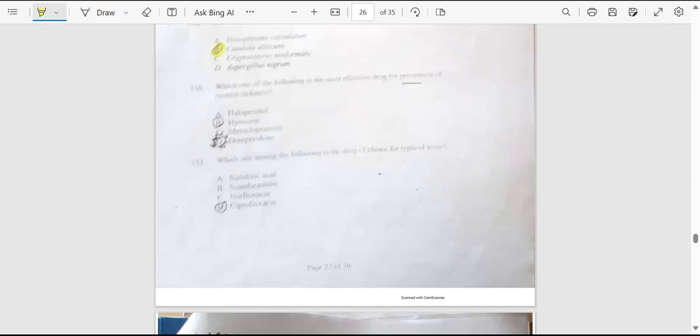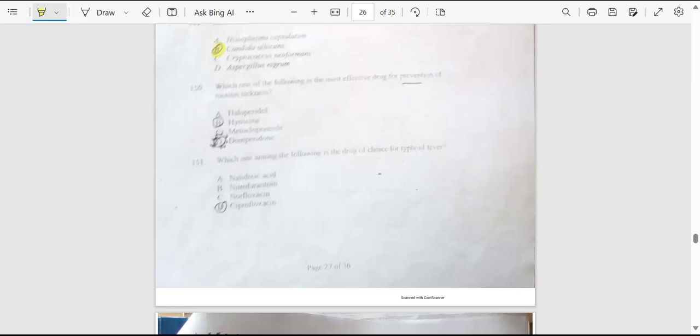Domperidone is what is given in combination with other drugs for GAD. Yeah, I think so. It acts on the D3 receptor, but it also stops nausea and vomiting, because of the D3 receptors.